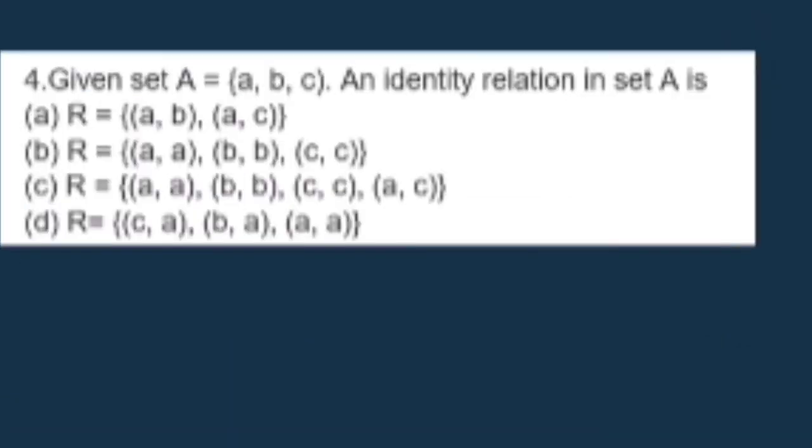Next one, given a set A, an identity relation. You should know the difference between the identity relation and reflexive relation. A relation is said to be an identity relation if every element of the set A is related only to itself.